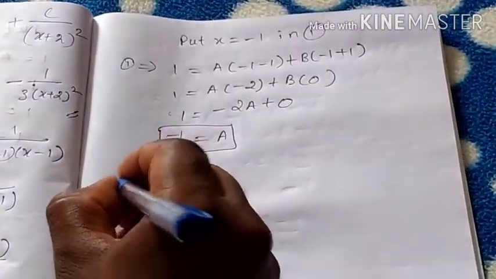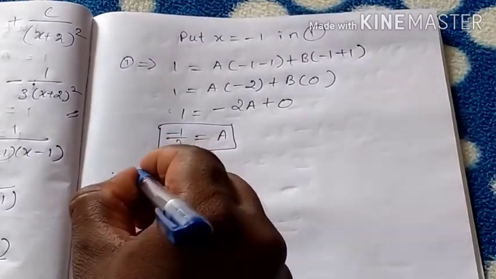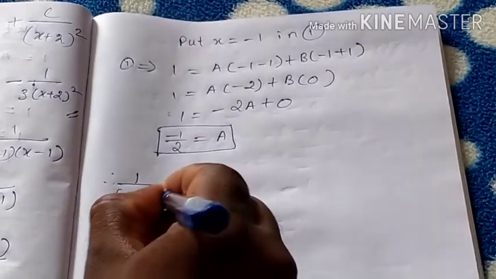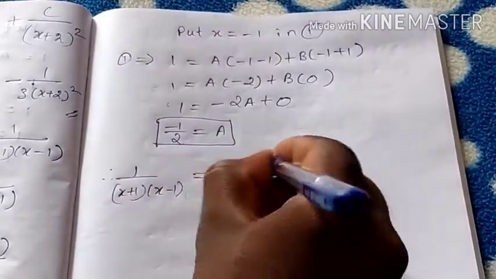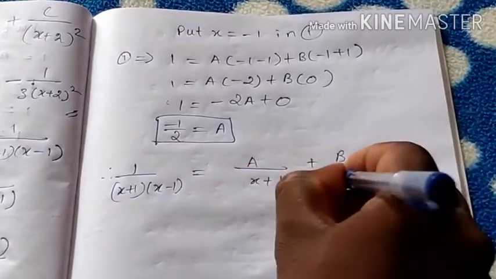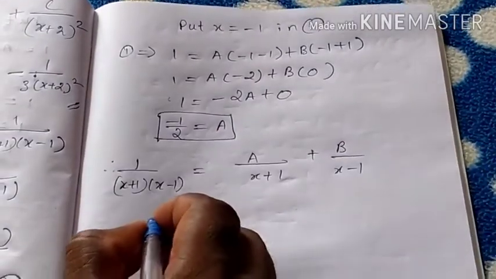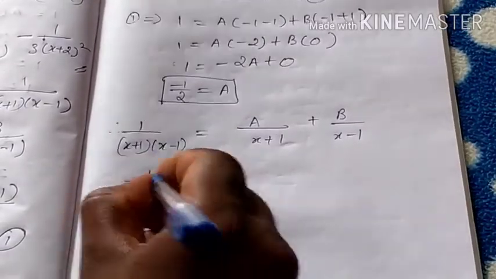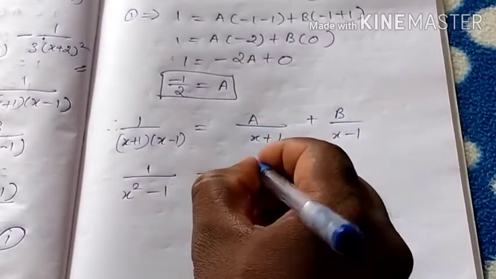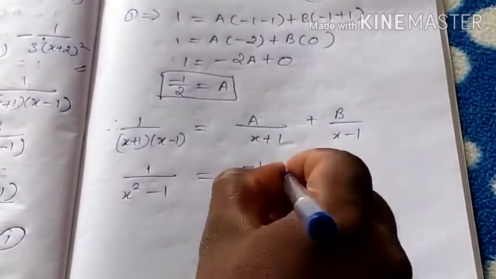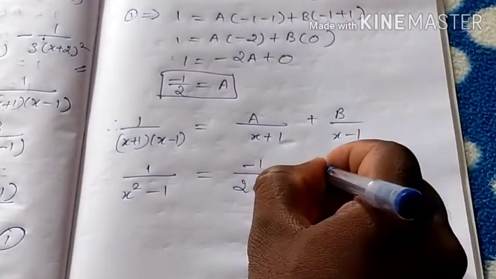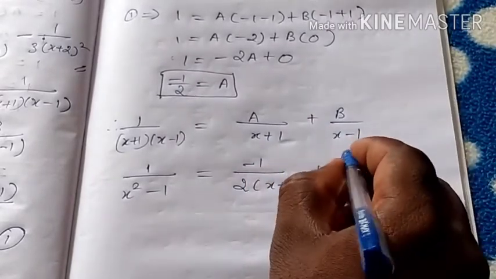Okay, therefore the required partial fraction, 1 divided by x plus 1 into x minus 1 equal to a divided by x plus 1 plus b divided by x minus 1. Okay, 1 divided by, the given question is x squared minus 1, which is equal to a value is minus 1 by 2, minus 1 divided by 2 into x plus 1, plus b value is 1 by 2.